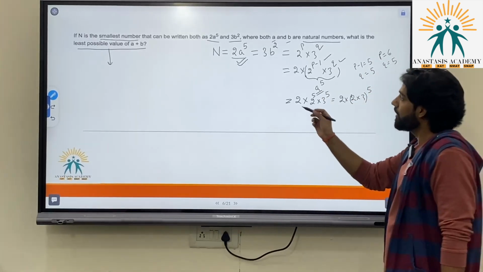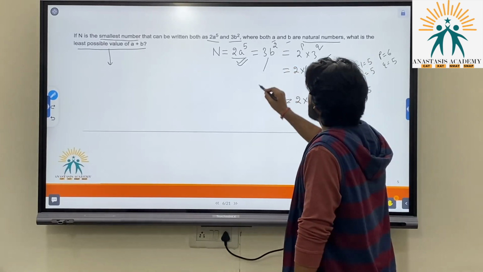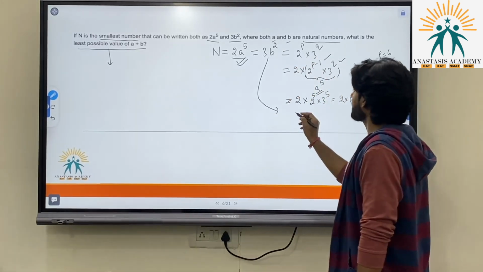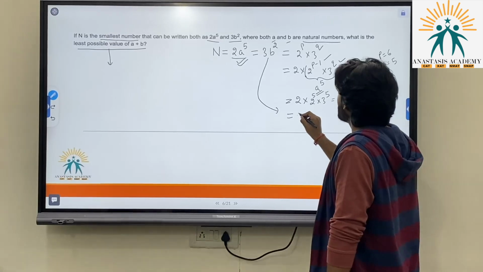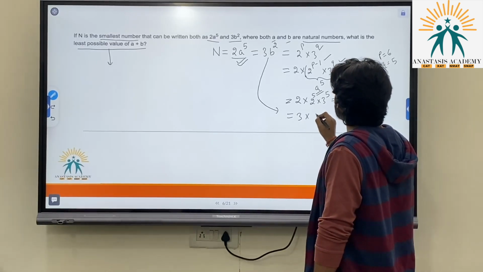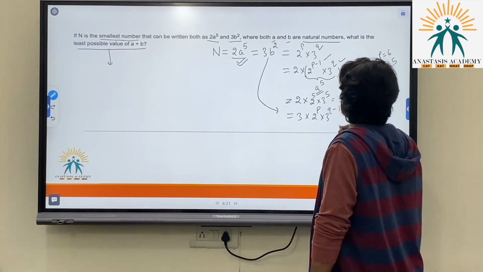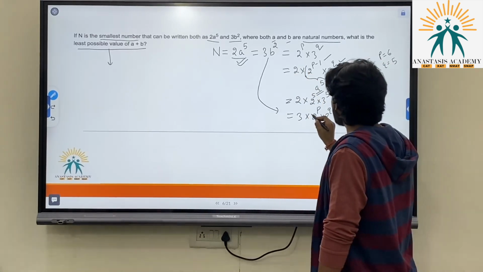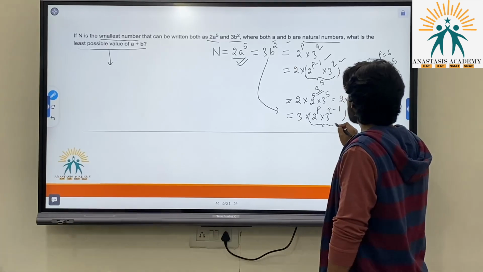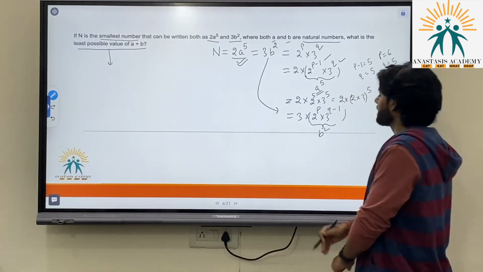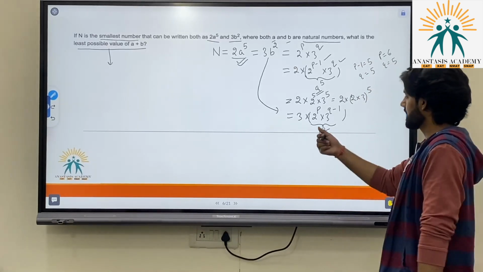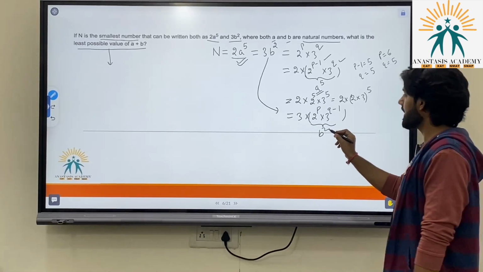Okay, now representing in this form, taking 3 common, what is left? 2 raised to the power p into 3 raised to the power q minus 1. And from here I can say this expression is some perfect square of a natural number.